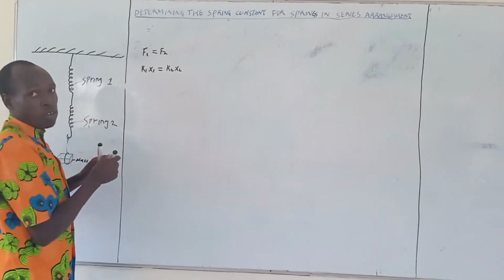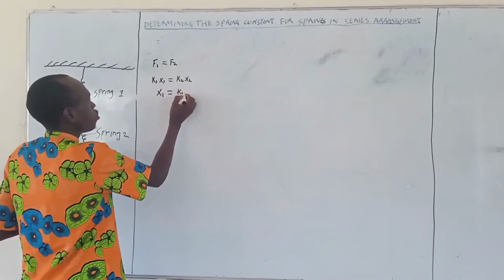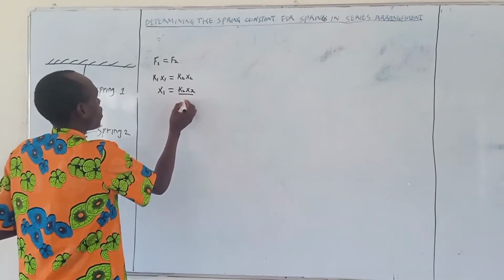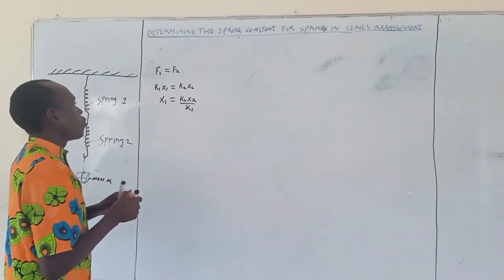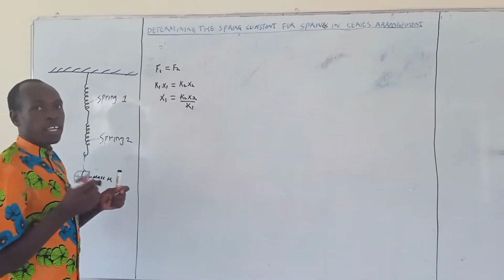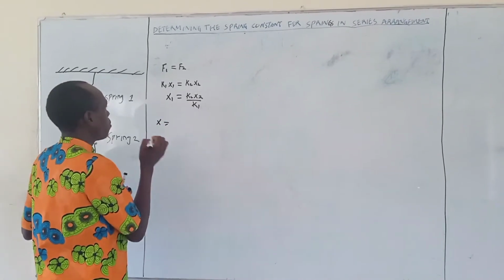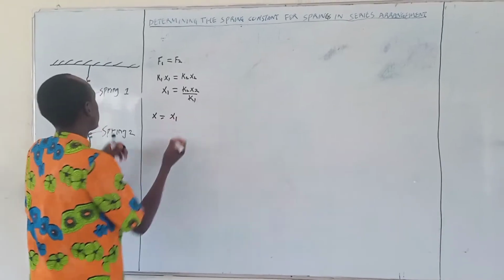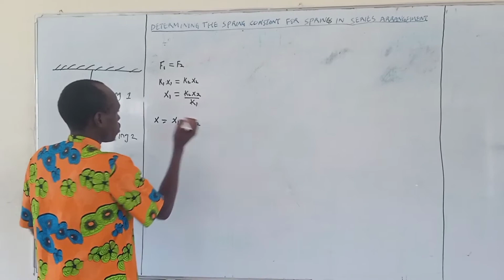Now, we divide both sides by K1 so that we have X1 equal to K2 multiplied by X2 divided by K1. How can we now determine the total extension? The total extension X is given by X1, the extension in spring 1, added to the extension in spring 2.